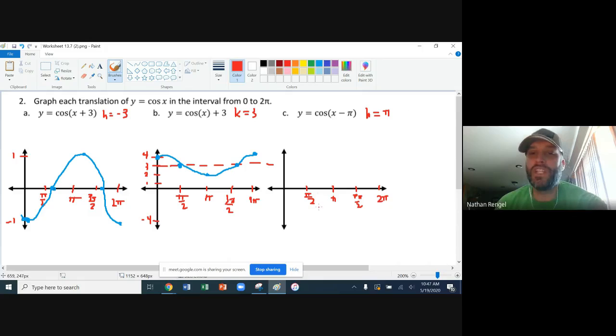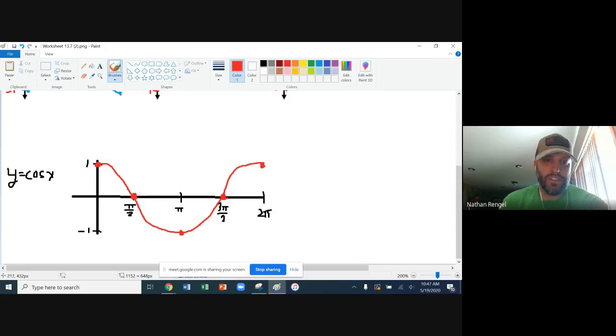So this means I'm shifting each point to the right pi units. So heading back to look at our parent function, that means this point right here is going to shift pi units to the right. This point right here is going to shift pi units to the right. This point right here is going to shift pi units to the right. So I'm going to start looking at what happens when I do that.